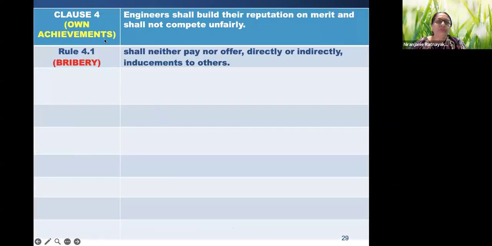Okay, clause 4 says own achievements. Engineers shall build their reputation on merit and shall not compete unfairly. Right? So every engineer has a unique ability, right?